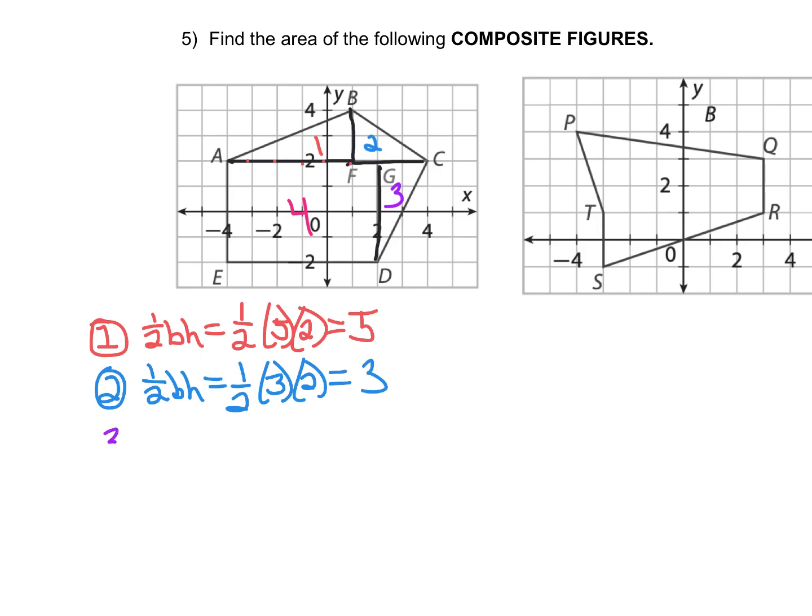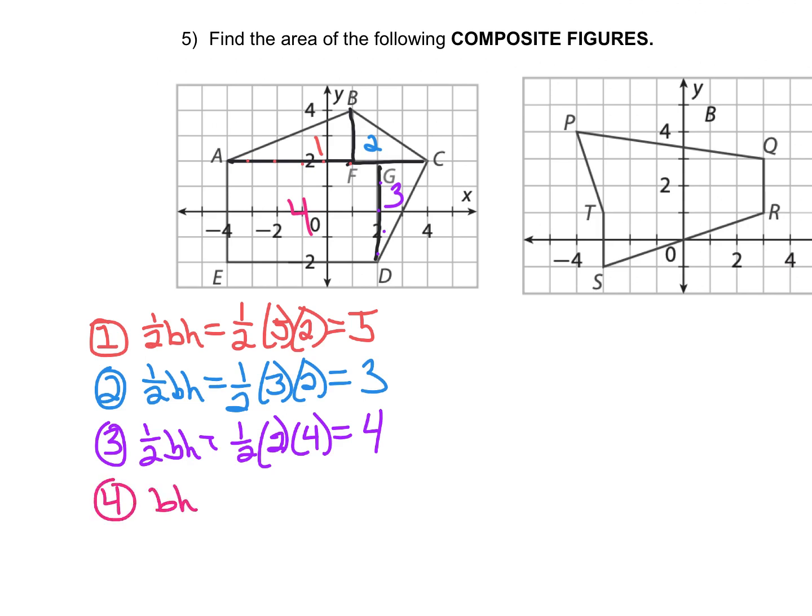3 is a triangle, same thing, 1/2 base times height. So I have 2 and 1, 2, 3, 4, which is 4. And then my last shape is a rectangle, so base times height. The base is 1, 2, 3, 4, 5, 6.